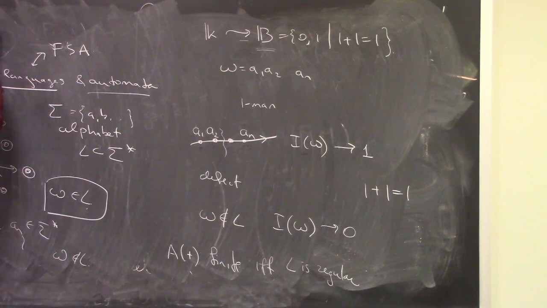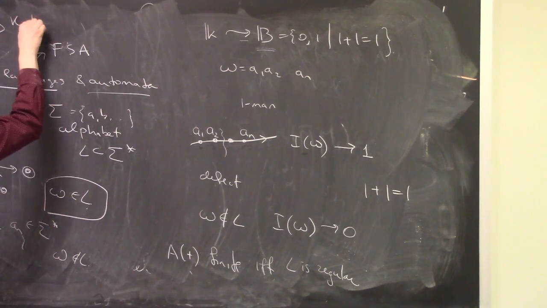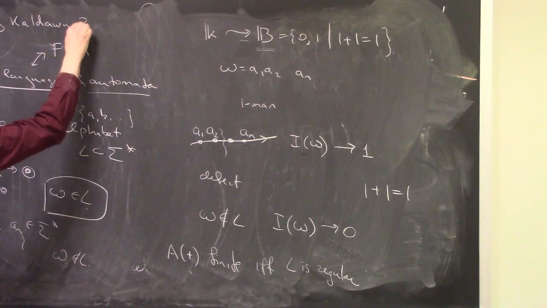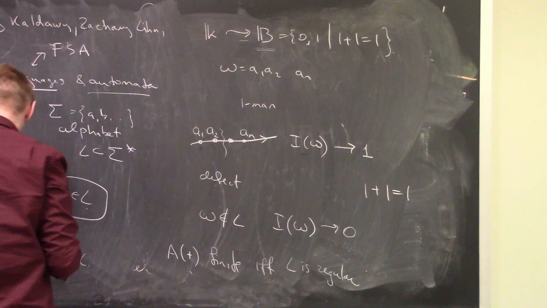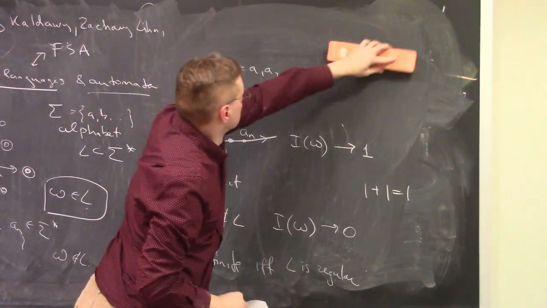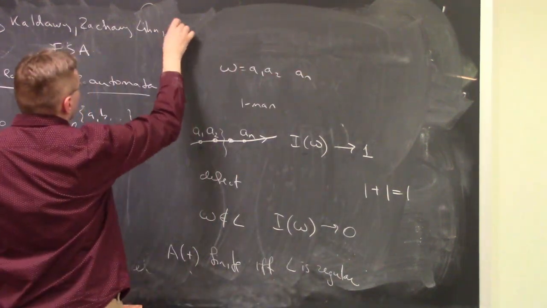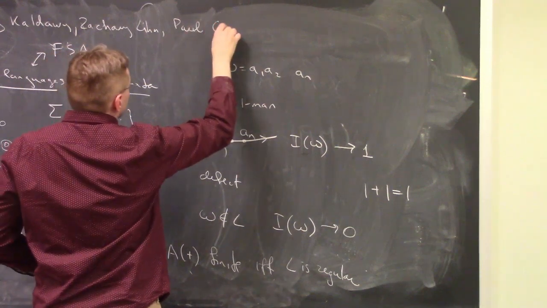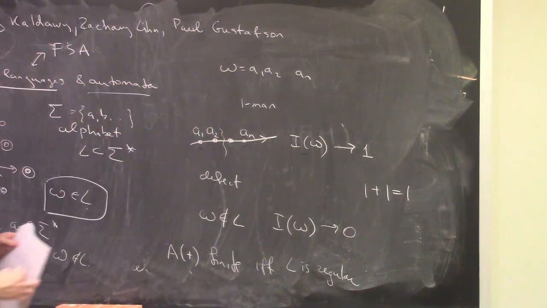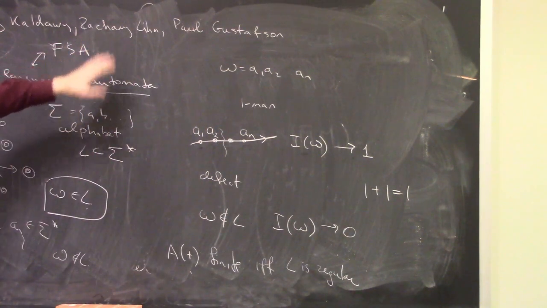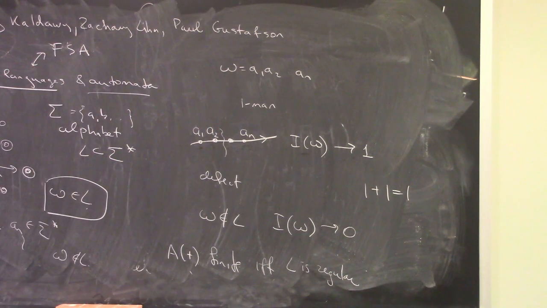Remy Kaldawi, Zachary Lin, and Paul Gustafsson. Paul is a postdoc at UPenn. Remy and Zachary are undergraduate students at Columbia. This came out of our reading research course. Misong Im is a professor at USNA.